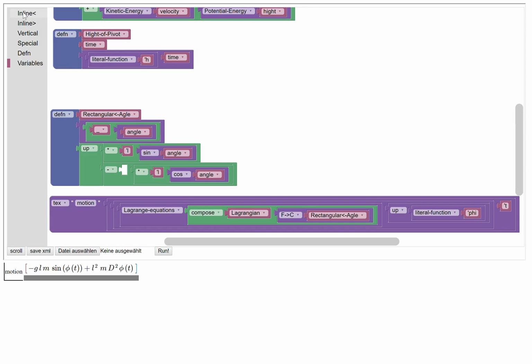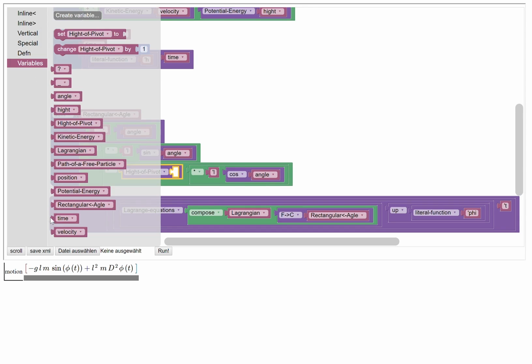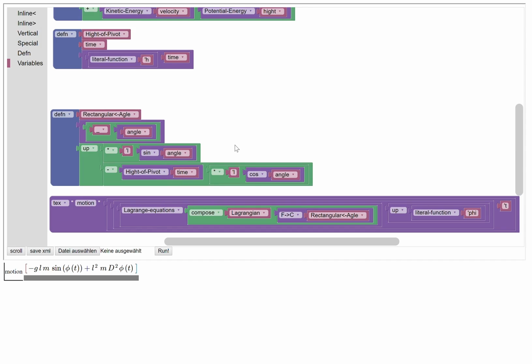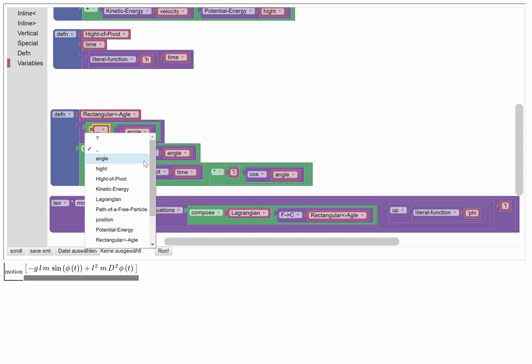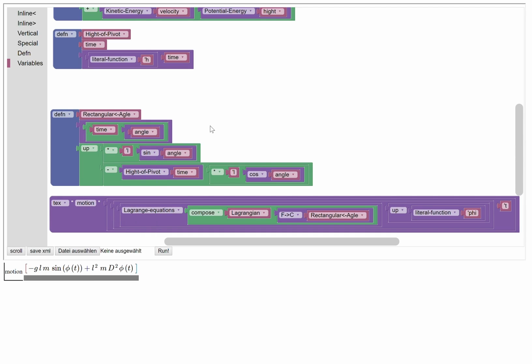The replacement is easily done, but notice that the transformation of coordinates now becomes time dependent, and with this the Lagrangian becomes time dependent in an explicit manner. Running the workspace yields the equation for the driven pendulum. Thanks for watching.